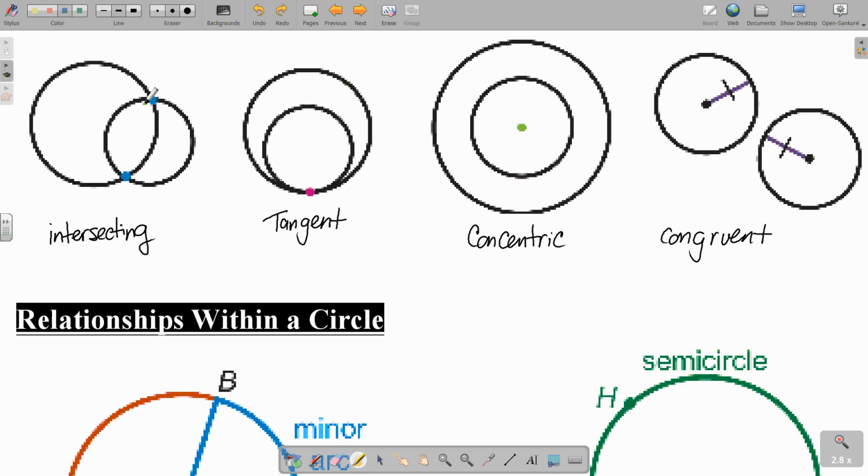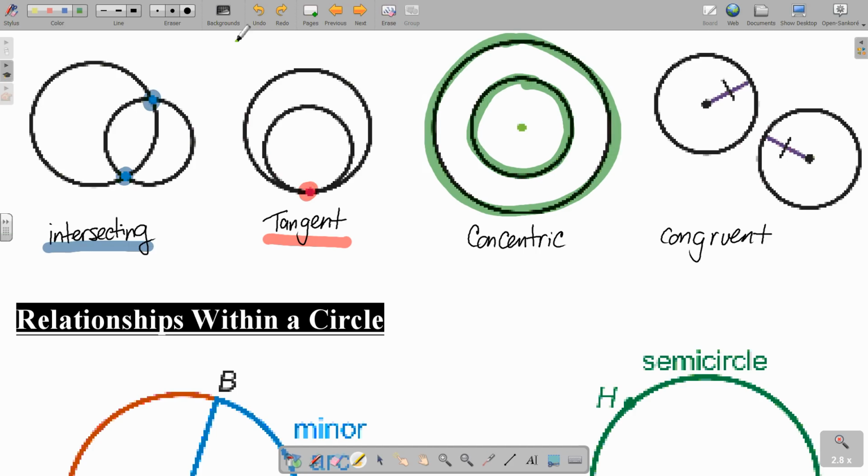So the first one is intersecting. Anytime two circles cross each other at 2 points, that's considered an intersection. If they touch at 1 point, from the inside or outside, we call that tangent. Big bullseye, they share exactly the same center, exact spacing.